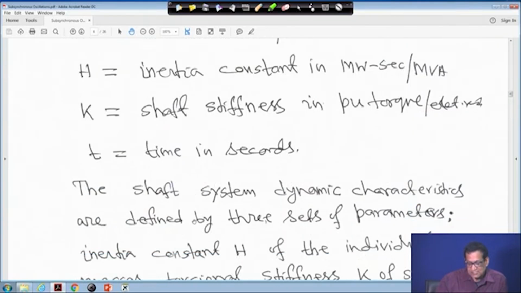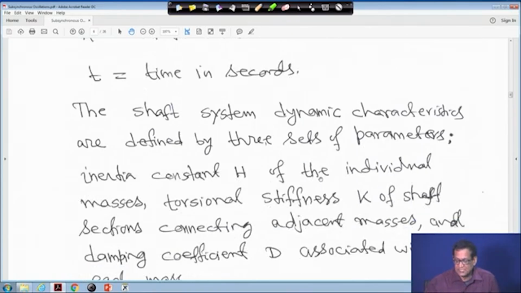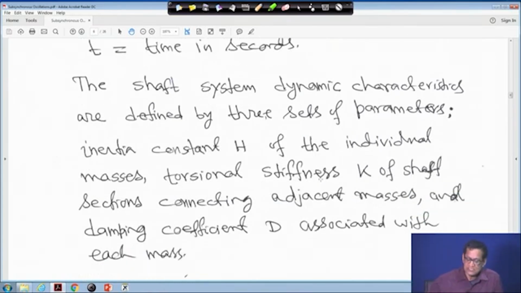The shaft system dynamic characteristics are defined by 3 sets of parameters. One is the inertia constant H of the individual masses.